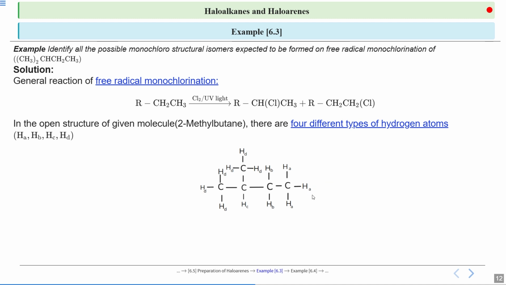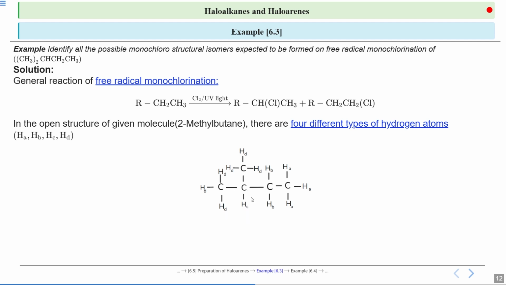These different hydrogen atoms are classified according to their bonding with the carbon and the positions of the carbon. This carbon is the 4th carbon containing all the same type of hydrogens, HA. This carbon is the 3rd carbon containing HB type of hydrogen atoms. The second carbon has the methyl group, and the methyl group has HD kind of hydrogen atoms, and the carbon at the very first number also has HD type of hydrogen atoms, and the second carbon has the HC type of hydrogen atom.